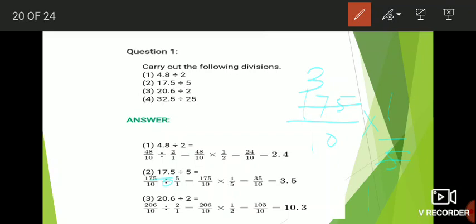How many remain, students? Yes, 2 remains. Okay, 25 it is now. 5 5s are 25. 35 upon 10, means 1 zero is there, so count only one digit, that is 3.5. Okay, the last one also like this only you have to do, students.